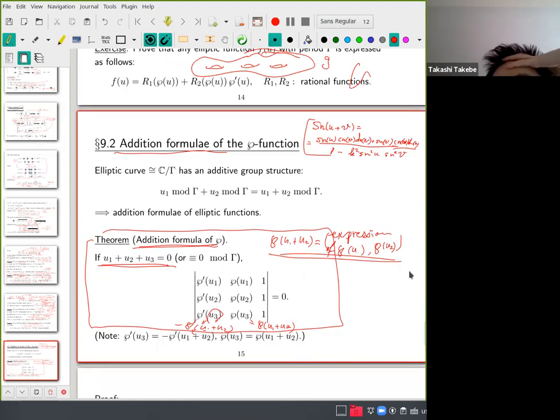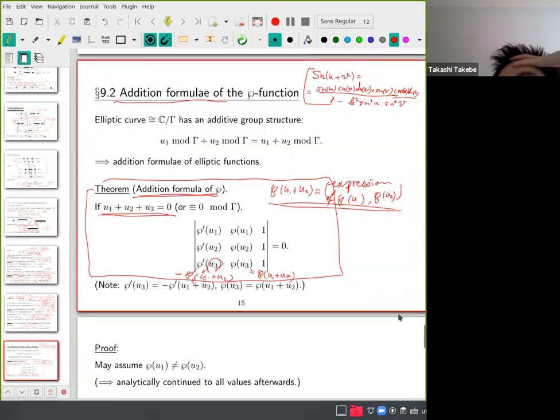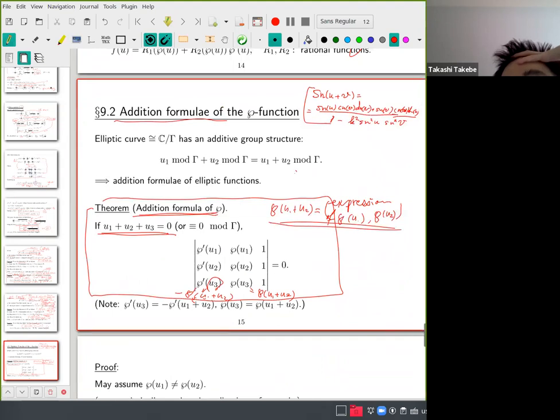But actually, we should not expect a too simple expression because, for example, for sine, we call this the addition formula for sine.